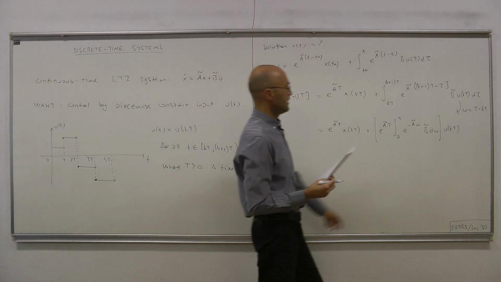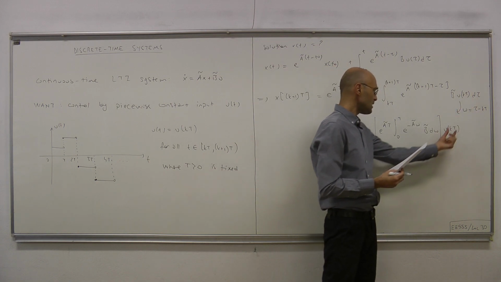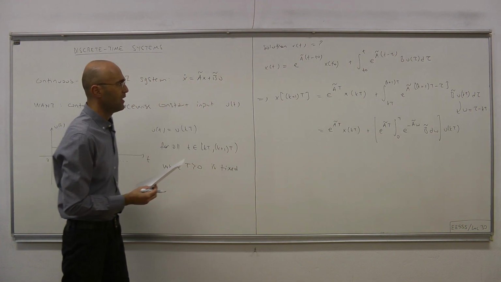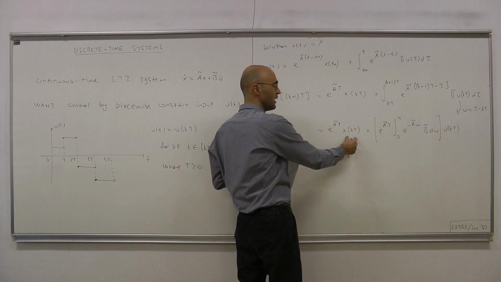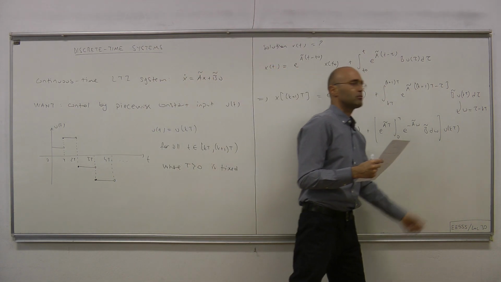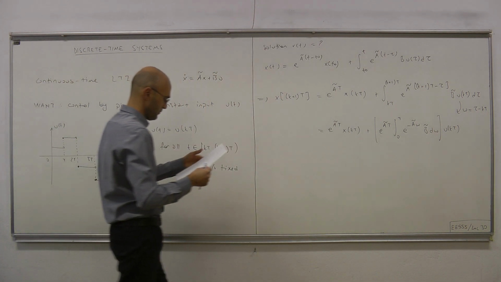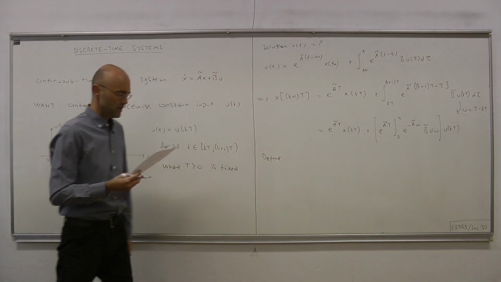Okay, and as we said, this can be taken outside the integration because u(kT) is fixed, it doesn't depend on τ. Then in that case, what we have is some matrix multiplying the initial condition plus some matrix multiplying the input, which is fixed throughout the interval. So let's therefore introduce new matrices.